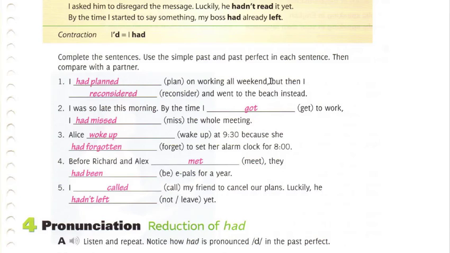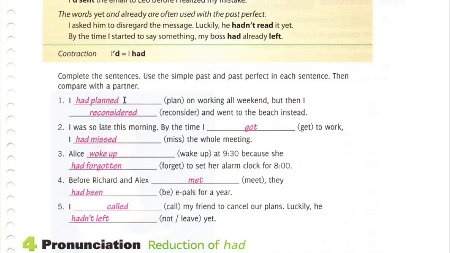So we changed the word plan to planned with ed to declare that it's in the past. We add the word had to declare it as past perfect. The second part, we have reconsidered. We add the ed at the end to declare it as simple past. So it's I had planned on working all weekend, but then I reconsidered and went to the beach instead.